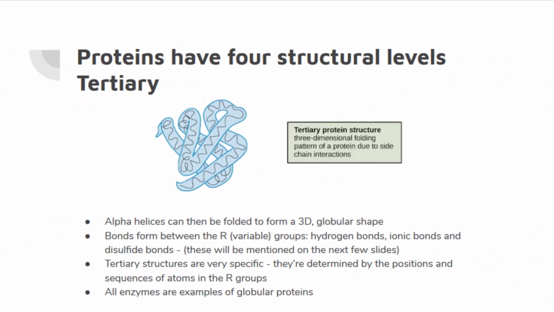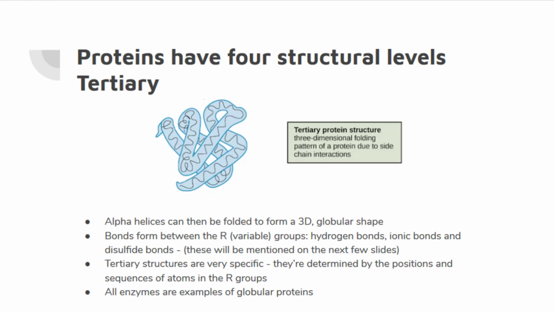Tertiary structure. It is folding into a three-dimensional, globular structure. The tertiary structure is held together by bonds between the R groups of the amino acids in the protein, and so depends on what the sequence of amino acids is, and so is very specific.